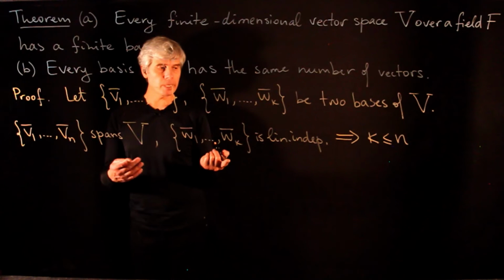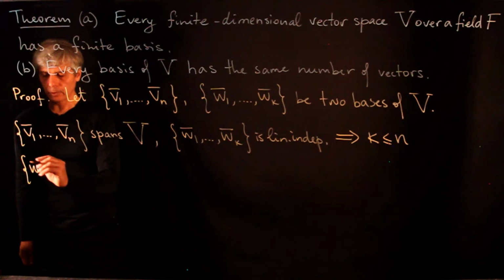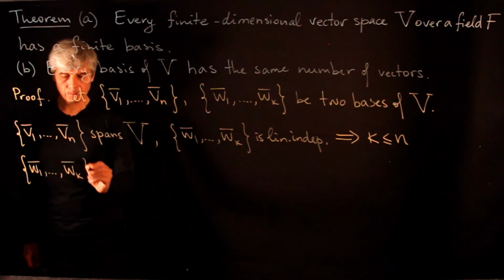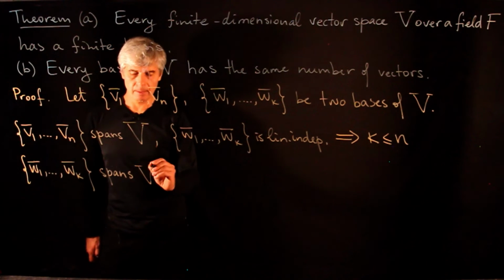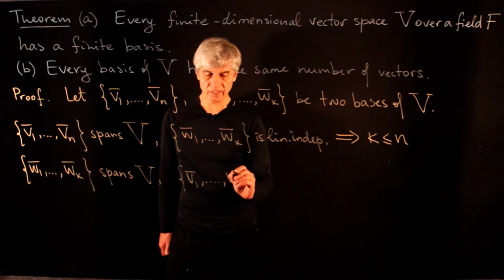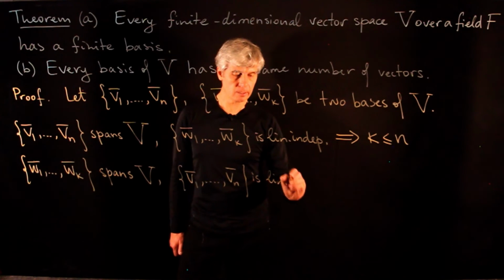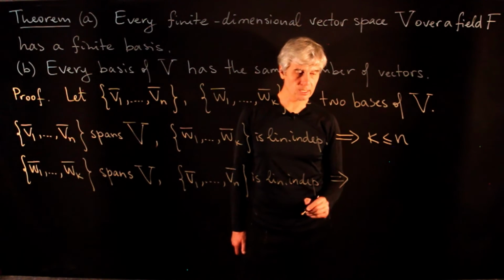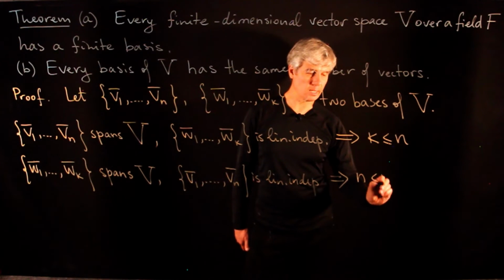But now we twist this argument. Now we say that the set w1 through wk spans V, and the set v1 through vn is linearly independent. And using the same argument, we get now that n is less or equal to k.